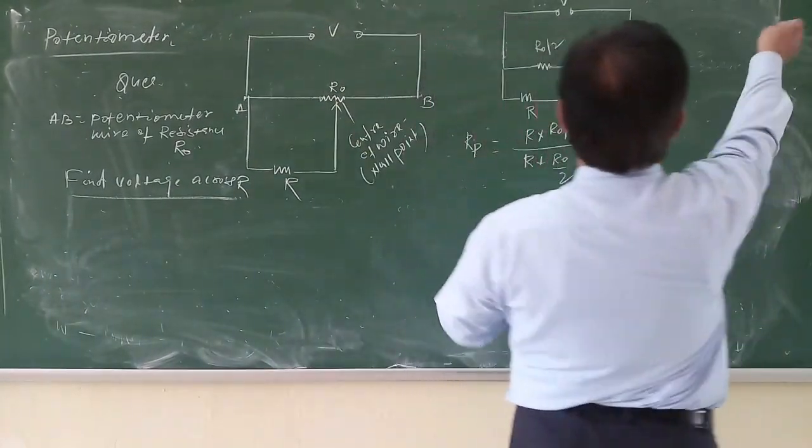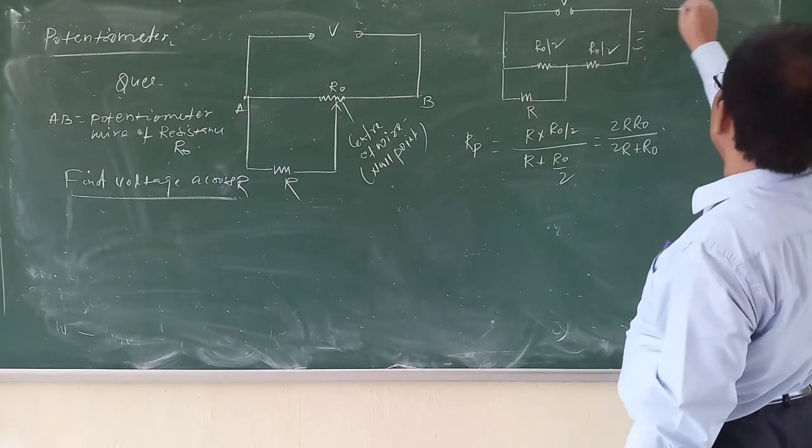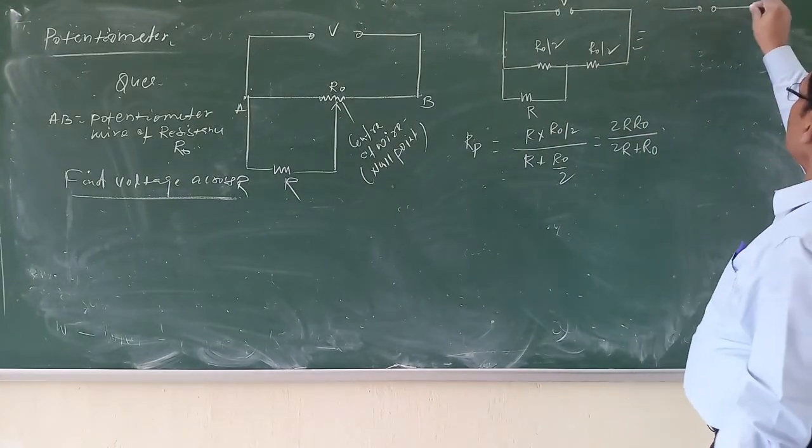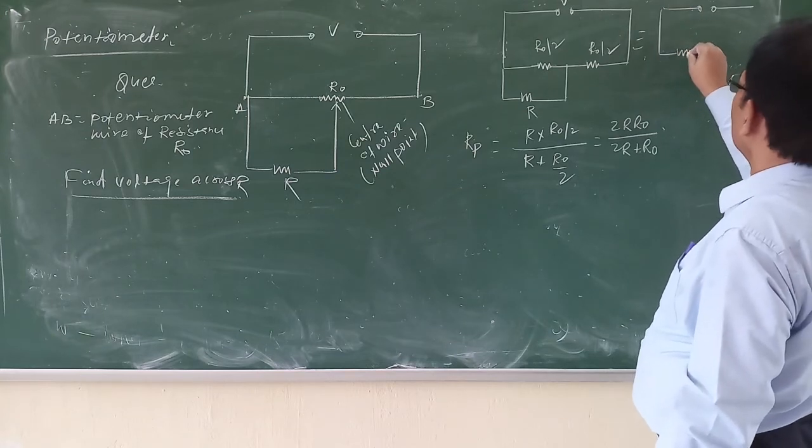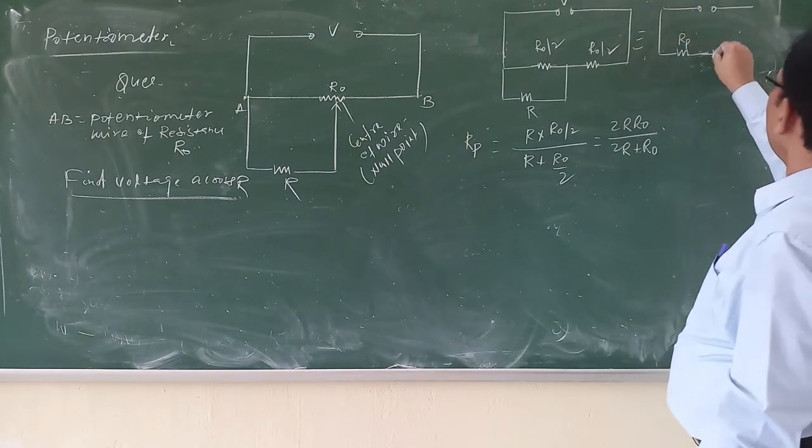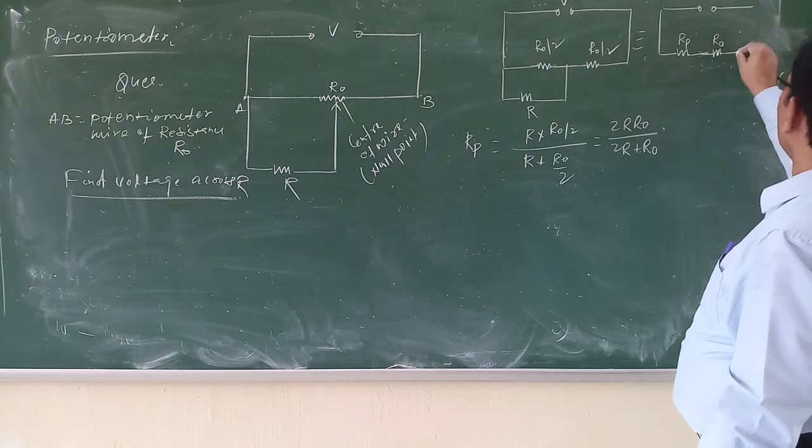Now the equivalent circuit is Rp and this is R0.